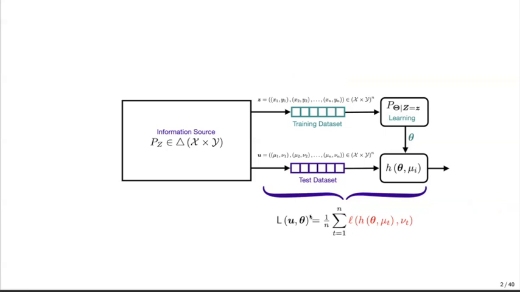In this case, the empirical risk is calculated over the test data set U. So it appears here as one of the arguments of the function L that is giving us the empirical risk, and theta, which is the model that we are going to use as the weights of this neural network. Right, so we can do the same with the training data set, and we will obtain then the training empirical risk, right? So here the argument is Z, because our training data set has been called Z, right?